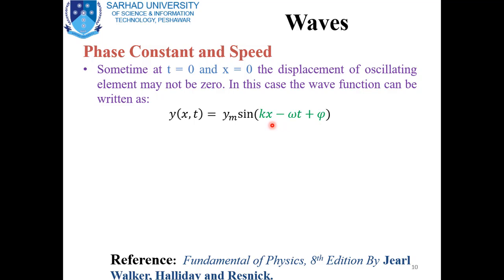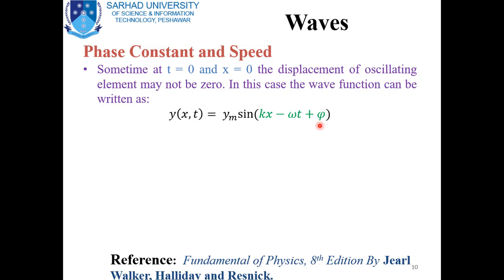So if we put x equal to 0 and t equal to 0, the vertical displacement of the particle may not be equal to 0, and we insert the extra term phi, which is known as the phase constant.